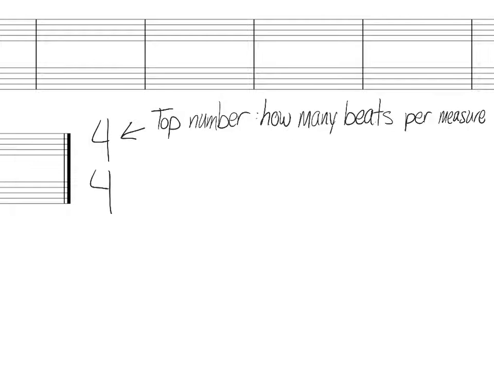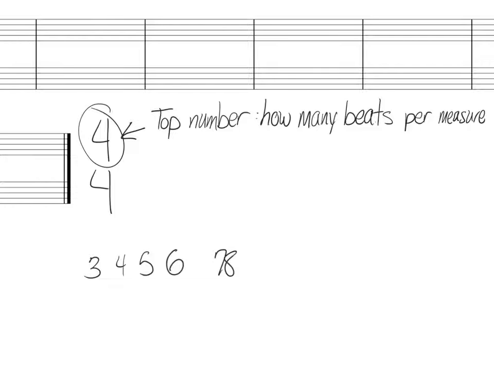So this top number can be literally anything. There could be 3 beats in a measure, or 4, or 5, or 6. And yes, it could be a ridiculous number, but obviously it's usually something relatively small to help keep track of the measures.